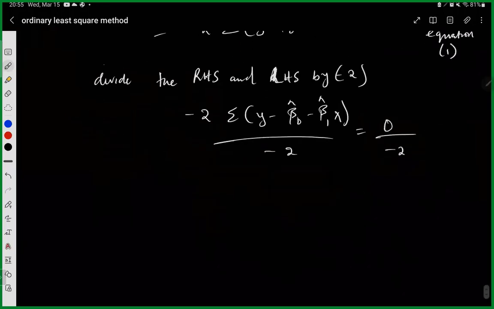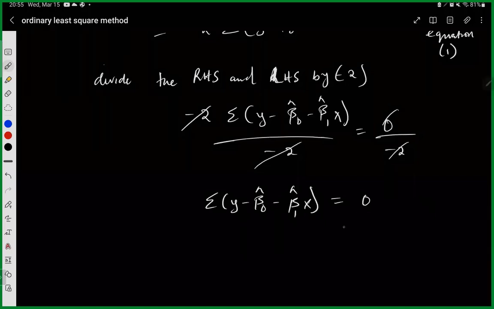So after that, this and this go. We have summation y minus beta naught hat minus beta 1 hat x is equal to 0. I hope we're following up to there. Feel free to ask or slow me down in case I'm too fast.